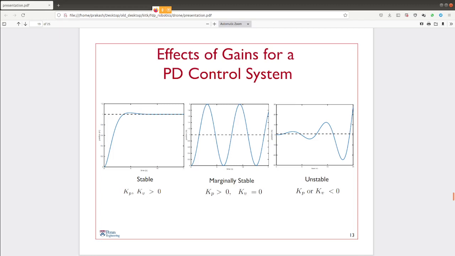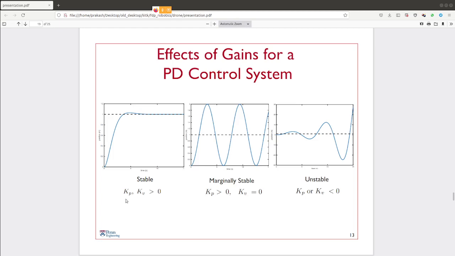Then there's a question: if they will be positive, is there a maximum limit? The maximum limit depends on what type of controller we are using.